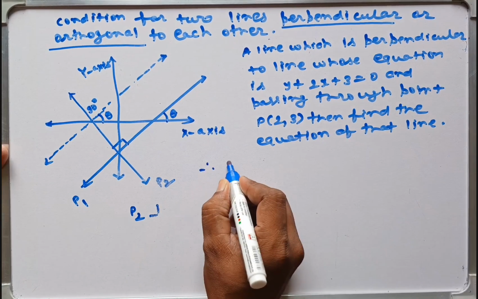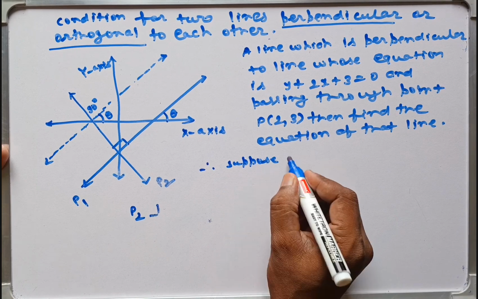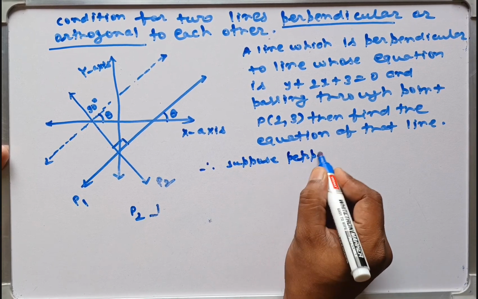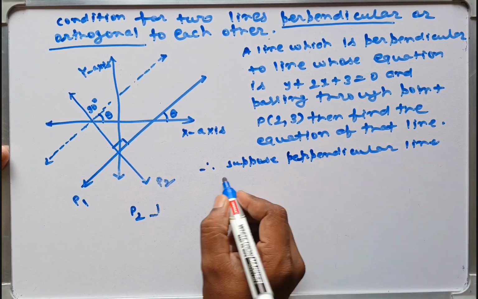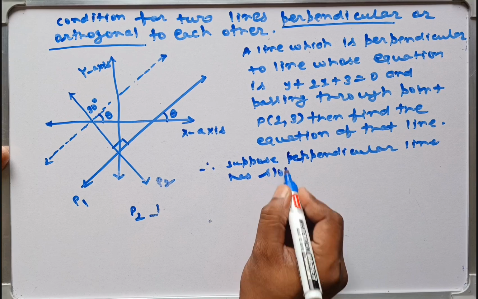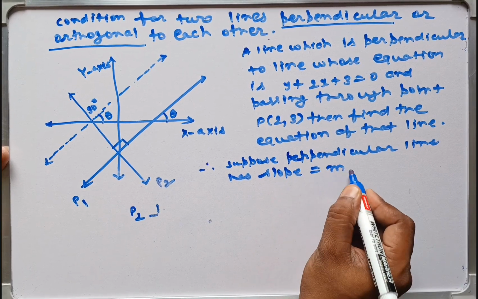The solution: suppose the perpendicular line has slope m2.